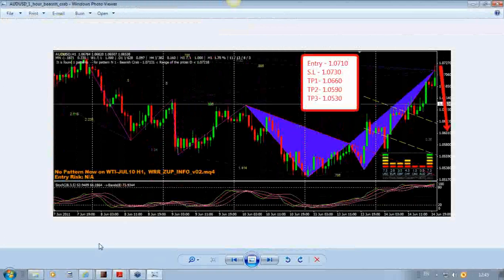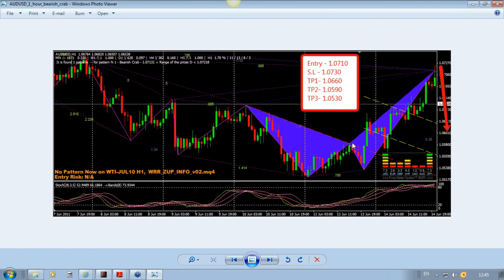very important thing. When we have a crab, two things you should remember. The stop loss will be very small. You can set the first target on the middle, but usually it will not reach that as the first target.